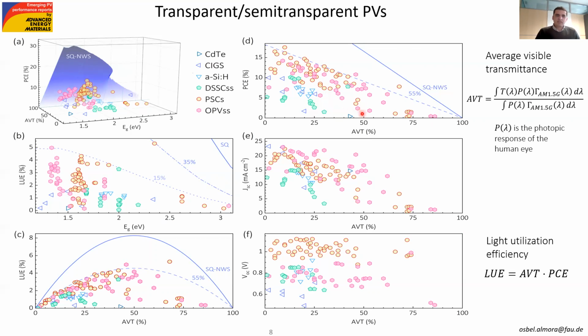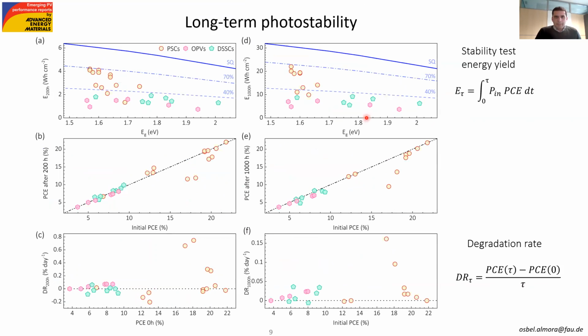This is very interesting. We also find that long-term stability is one of the most important things we need to focus on in the future for the success of emerging photovoltaics. At this point, we don't have too many points in our graphs because there are not as many studies on long-term photostability as in other research areas in photovoltaics.